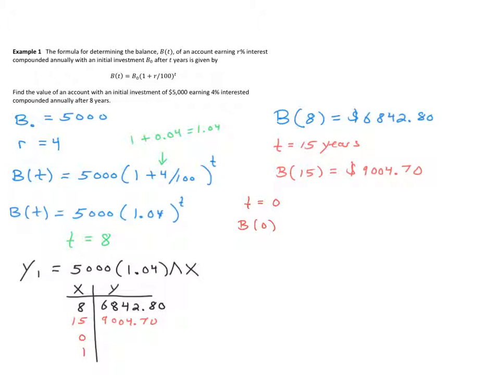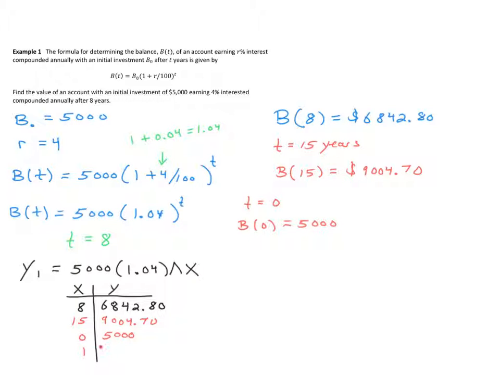That should be equal to the amount of money that you first put into the account. If you go to your calculator and put 0, it gives you 5,000. So that's actually a good thing. That should match up. That's the amount of money that you begin with. It makes sense in your formula. If you put 0 in place of t, this number to the power of 0 is equal to 1, and 1 times 5,000 gives you 5,000.